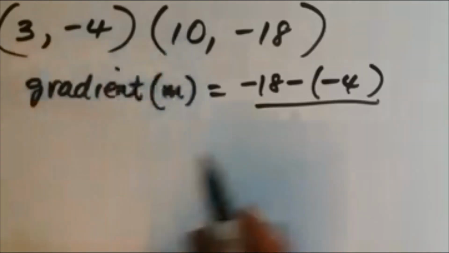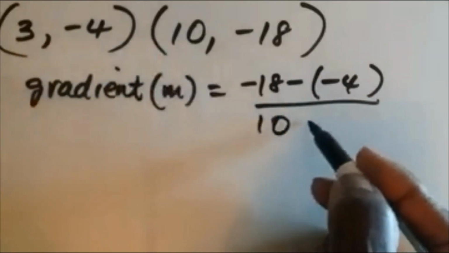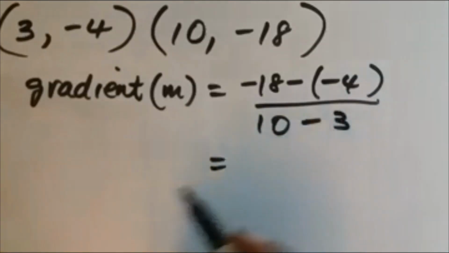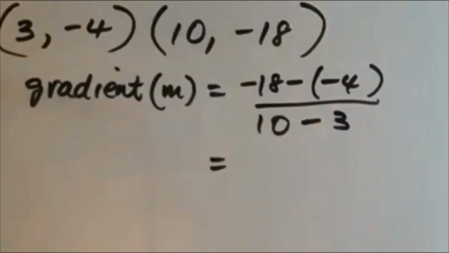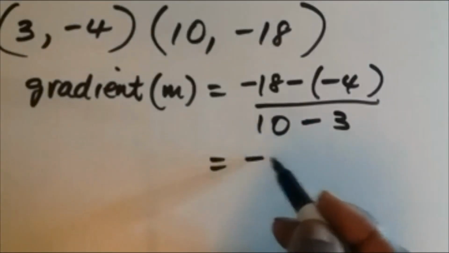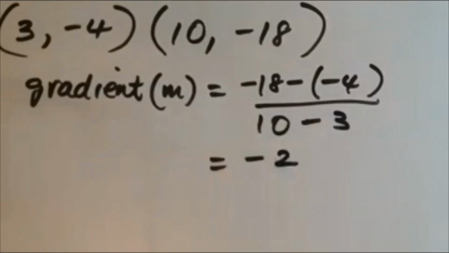X2 value is 10 minus x1, which is 3. This will give us negative 18 minus 4, which is negative 22, and divided by 7 will give us negative 2. So we know our gradient is negative 2.